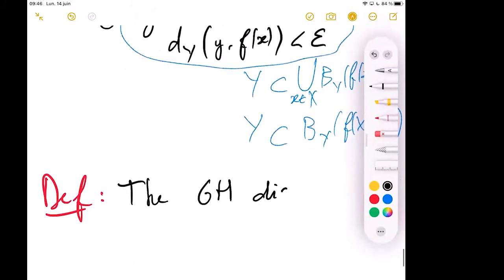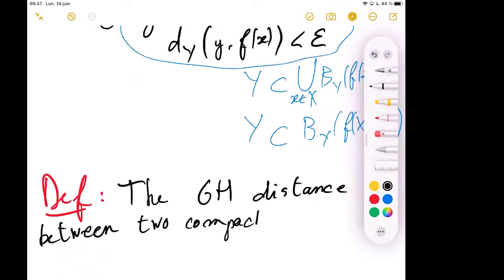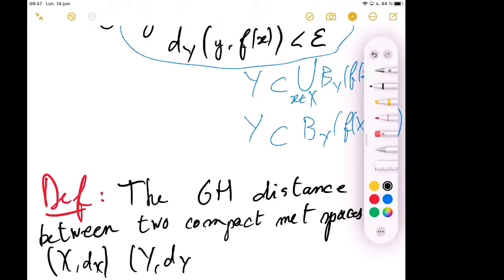So the Gromov Hausdorff distance between two compact metric spaces (X, dX) and (Y, dY).